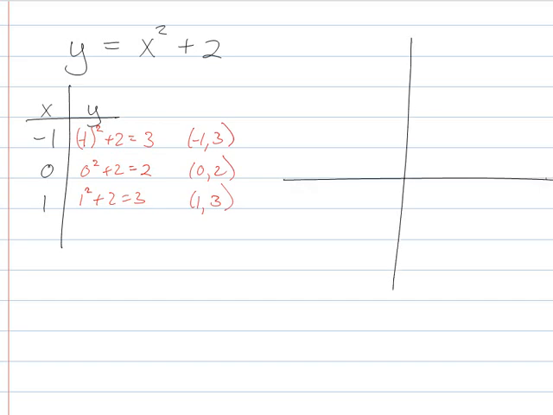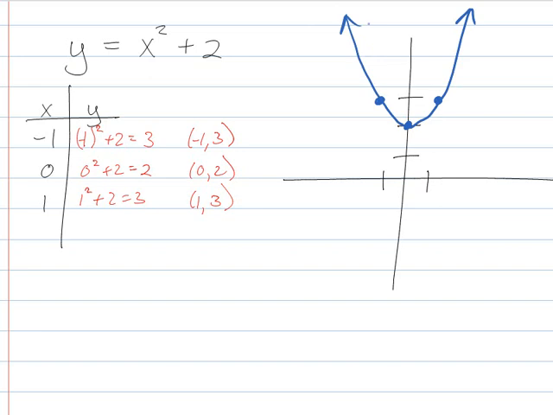So I'm going to plot my points: (-1, 3), (0, 2), and (1, 3). So my new graph now looks like this.